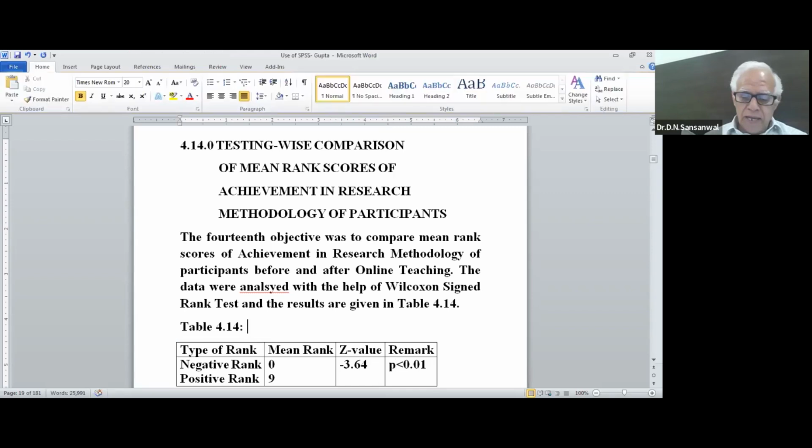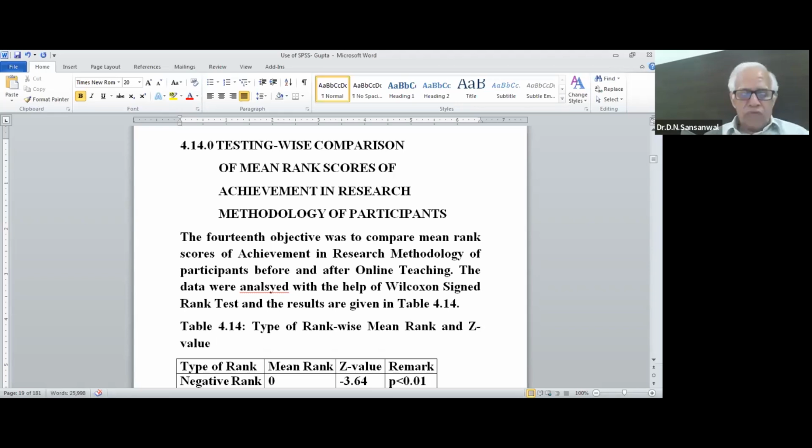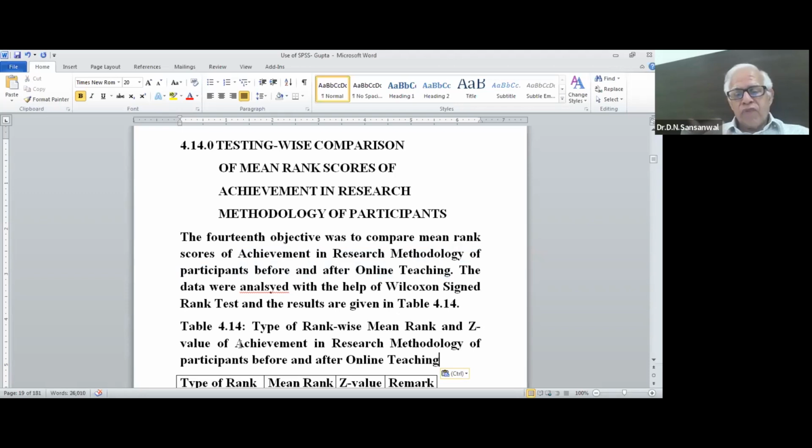And then the caption: type of rank wise mean rank and Z value of achievement in research methodology of participants before and after online teaching.